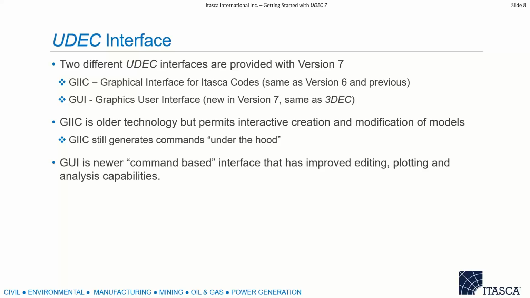And again, as mentioned before, it's actually emitting commands under the hood. The GUI is a newer interface. The plotting is much nicer. There's a lot more capabilities when it comes to interpretation and visualization. But we haven't yet got all of the model building capabilities in there. So we still provide you with both flavors of UDEC interface, and I'm going to walk through both of them when we do the tutorial later.